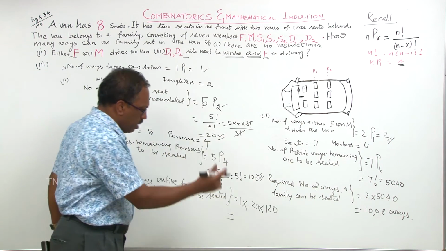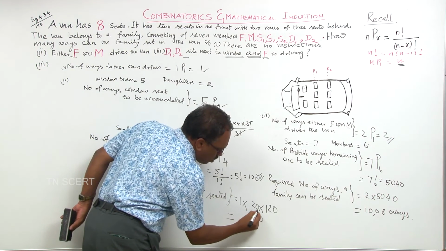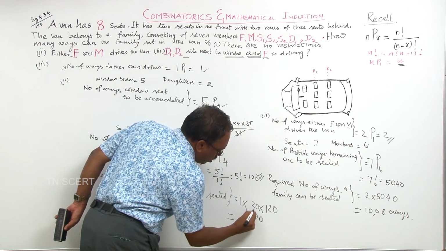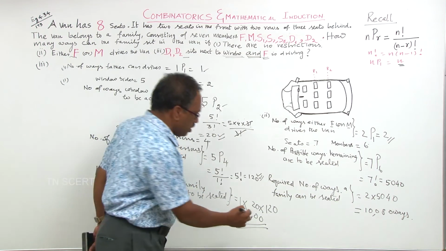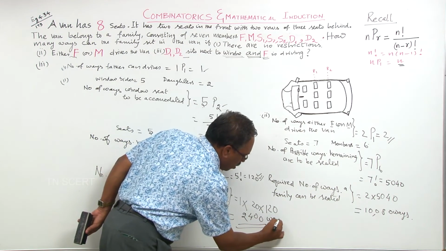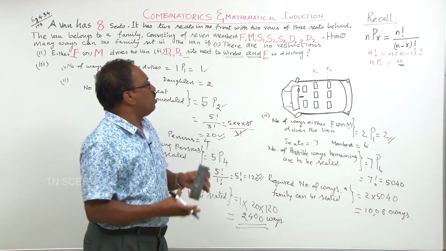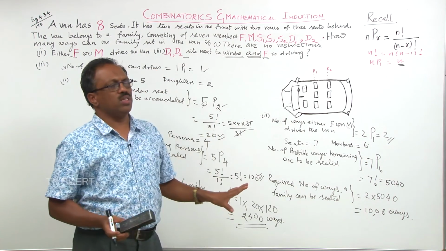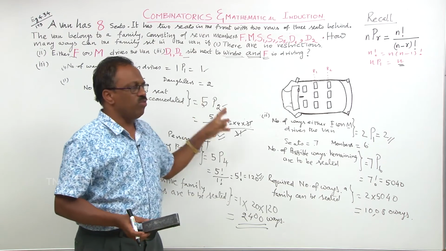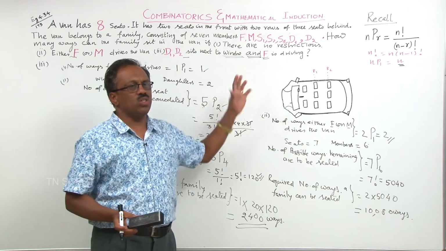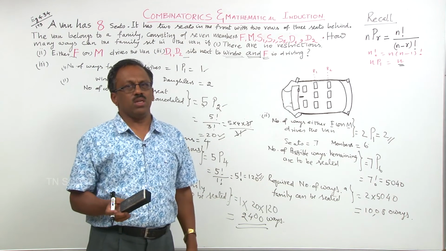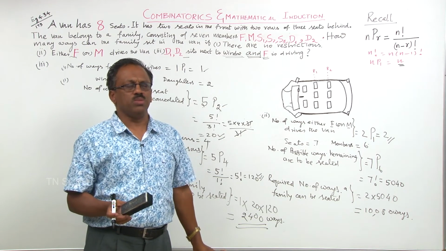So now just multiply: 2 zeros, 2 fours are 8, 2 ones is 2. So 2400 ways these people can be seated. So with that all the 3 conditions we have satisfied, and we have got the result based on the conditions given. Is it not? You have understood clearly, no? Yes.